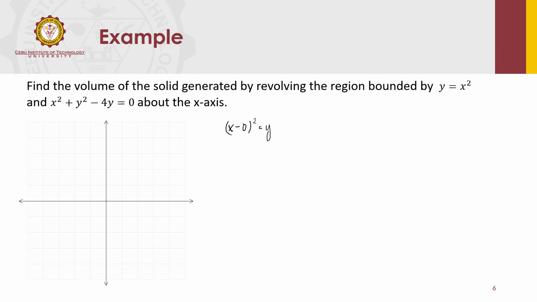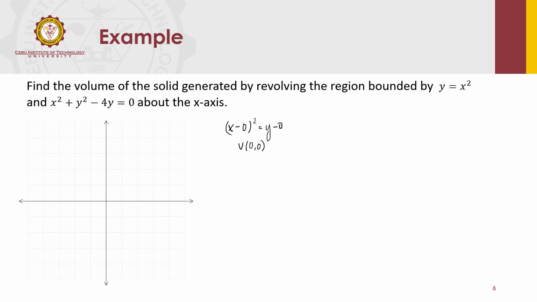So the vertex is at 0, 0. And since the area is bounded by another curve, solving for the focus is not necessary, so we'll use points of intersection instead.